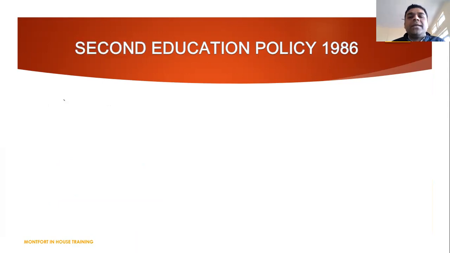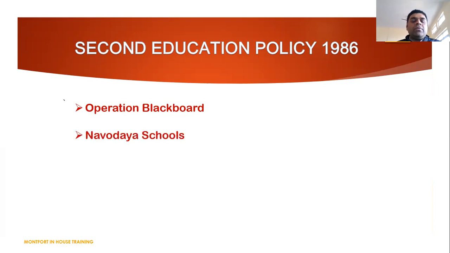Now, the second education policy, in 1986. Highlights: Operation Blackboard, to enhance the 1968 policy and increase the number of schools. This operation was introduced so that each and every city or village must have a school for the children of that village or city. So Rajiv Gandhi enhanced, or just enlarged, the 1968 policy. Second is Navodaya school.